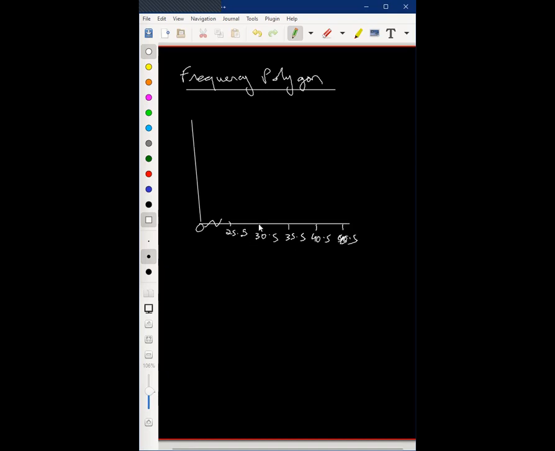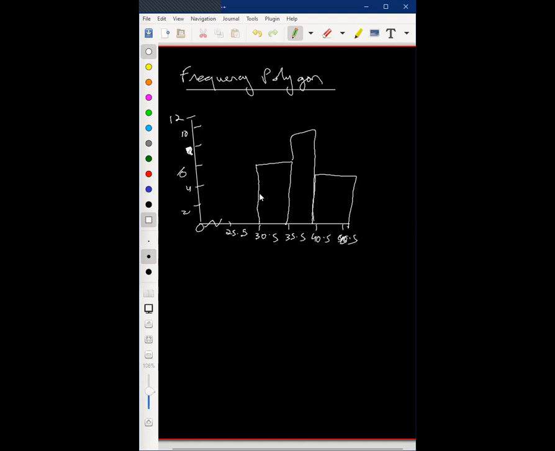The first bar looks like this, then something like this, and then something like this. And obviously we have the scales over here, like 2, 4, 6, 8, 10, 12, and so forth.